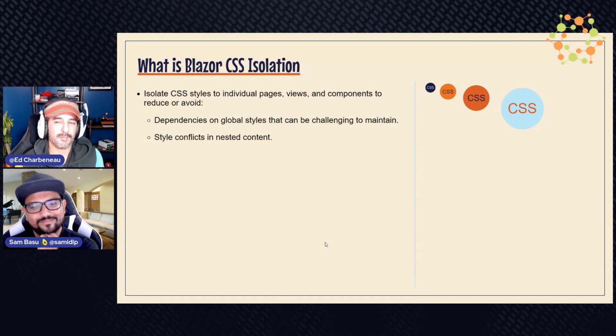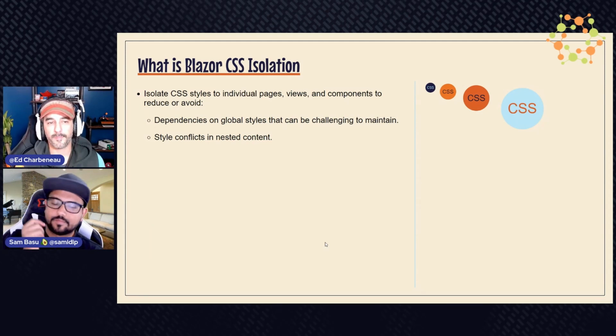It did rub me the wrong way at first. I wasn't quite sure how I'd use this, but there are some really good uses for CSS isolation. If you have things that aren't part of a global style sheet, something that's very specific to a component, you want to put that in CSS isolation.